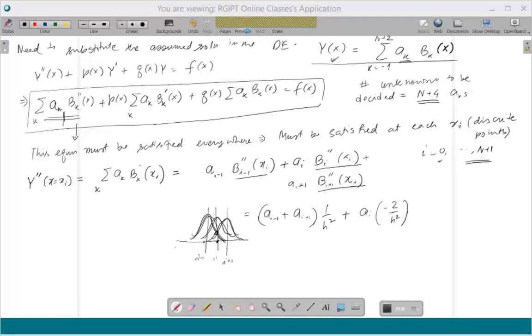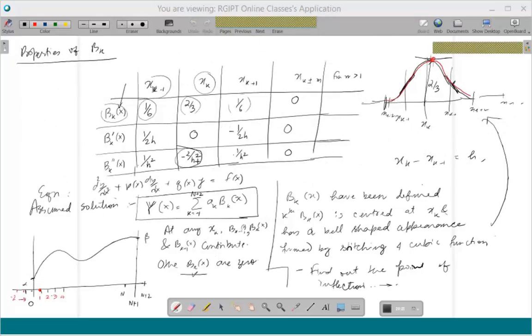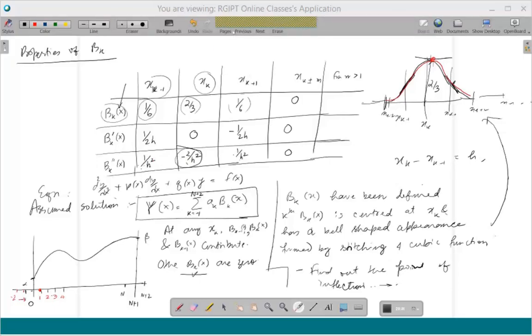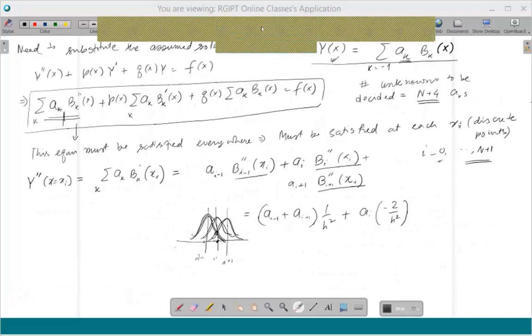So this is minus 2 by x square, 1 by x square, and the same one. All right, so that's how it is going to look.